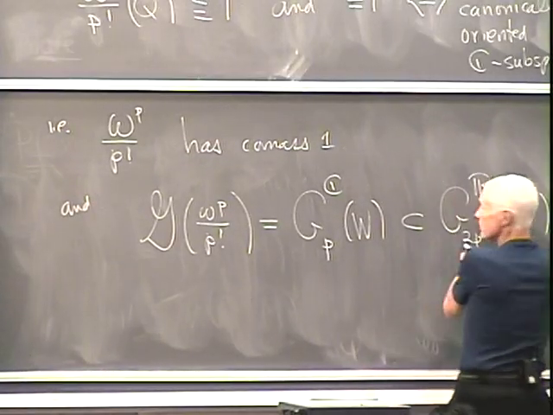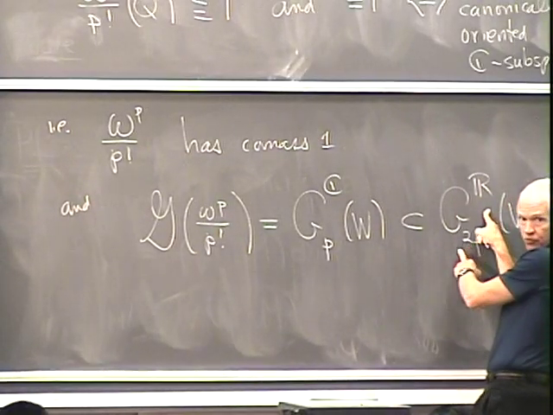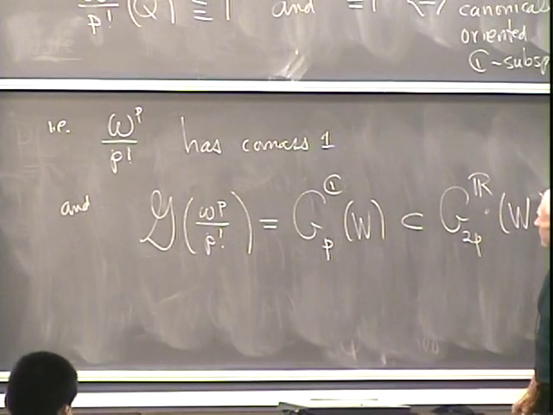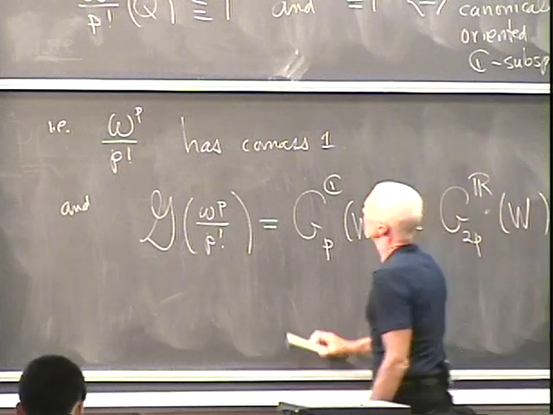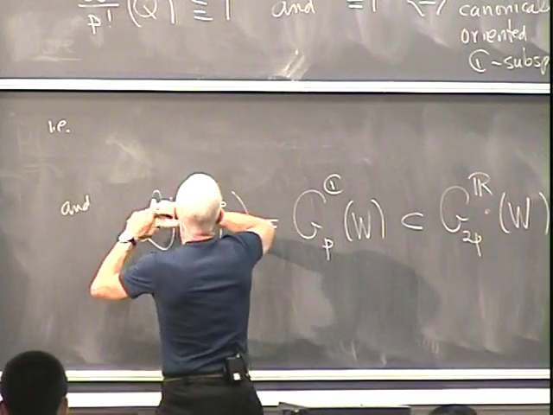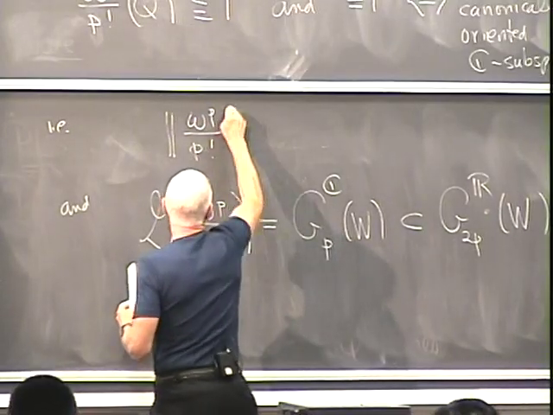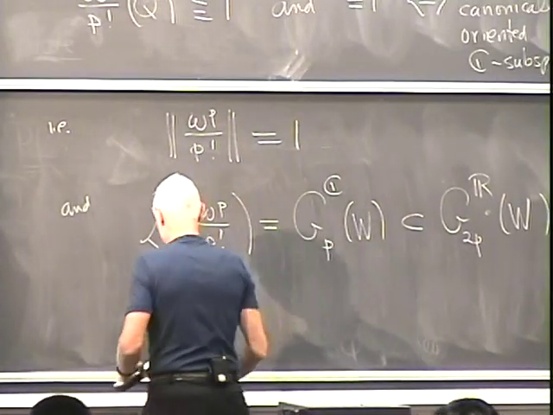So here I'm emphasizing that this is the real Grassmannian, the Grassmannian of real oriented 2p planes. So in fact, I guess I should just use this notation, omega to the p over p factorial is equal to 1.